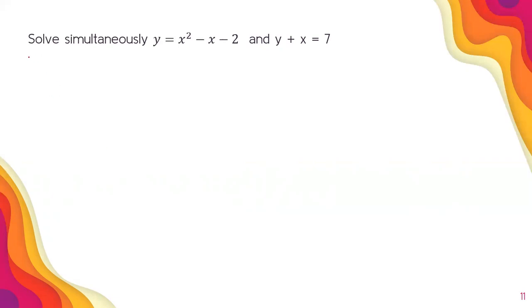Right, now we're gonna find the intercept points of these equations. If y is 0, it means the intercept point is gonna be 2, 0.